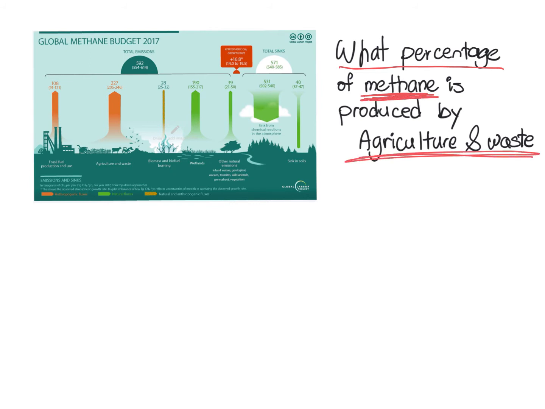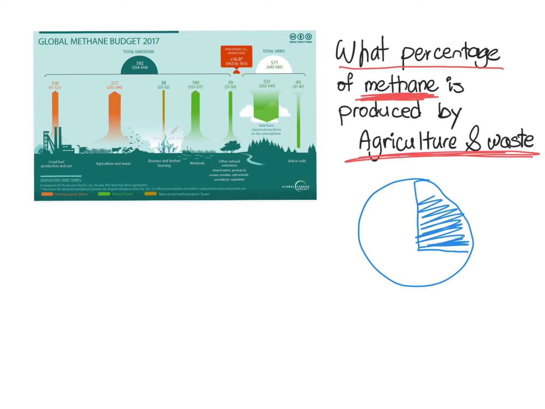So here we want to know the total amount of methane produced and how much of that is, if you were to draw a pie, what portion of that is agriculture and waste? And there are other things that produce methane.